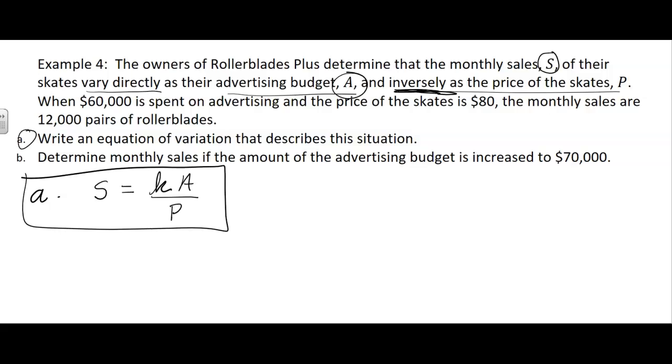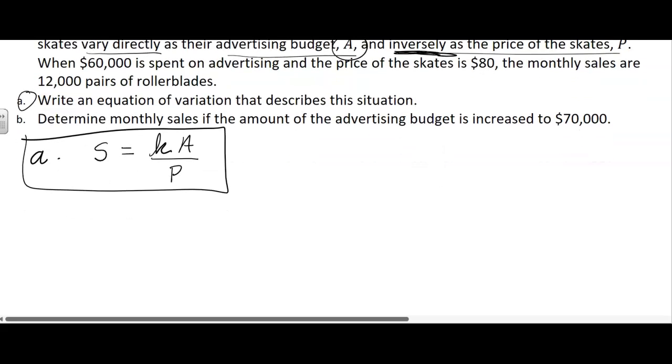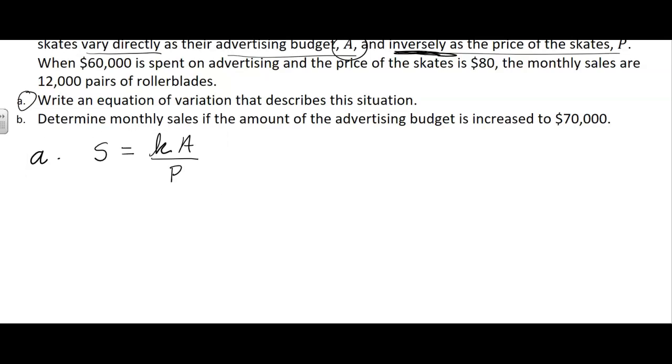That's the equation. And then we have to determine, oh, maybe I'm wrong, maybe that's the model, maybe that's not the equation. Maybe they want me to figure out K. All right. Let's figure out K. So it says when 60,000 is spent on advertising, so there's my A, and the price of the skates, P, is 80.